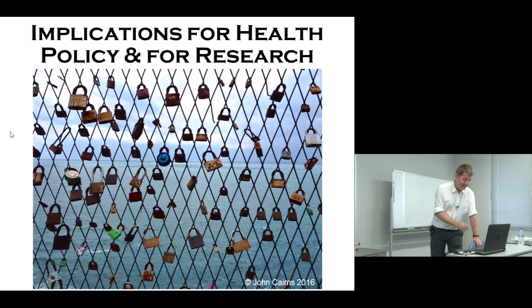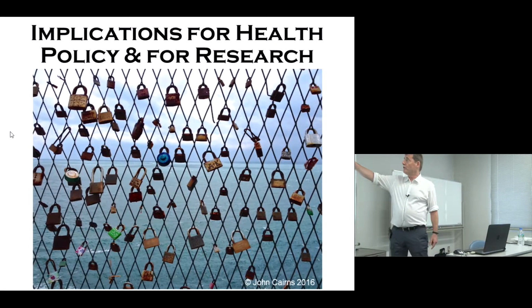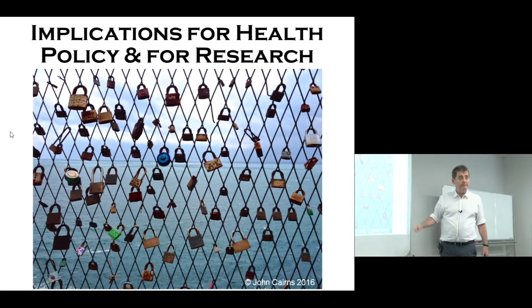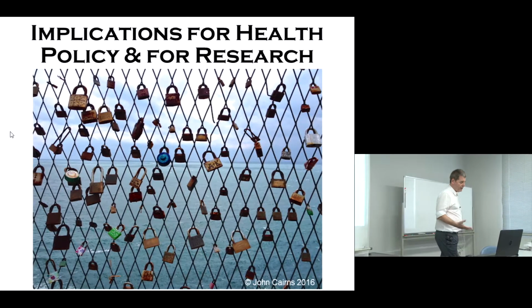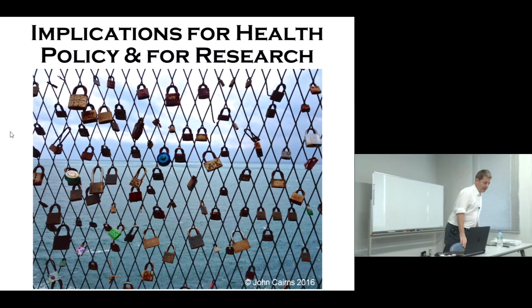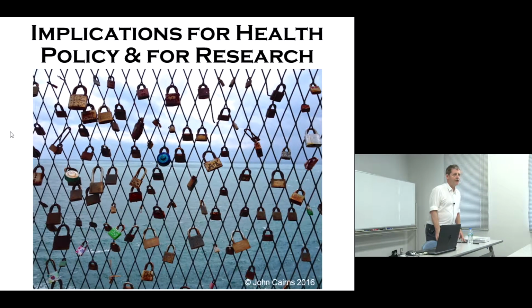I didn't know at the time that I would be talking about it. But the simple policy question is, should we be encouraging more of these? Now, I don't mean should we subsidise the cost of padlocks, but should we be trying to encourage more relationships?